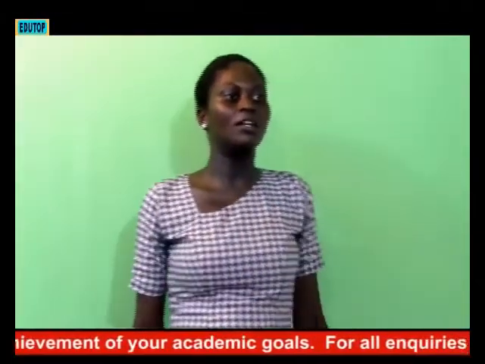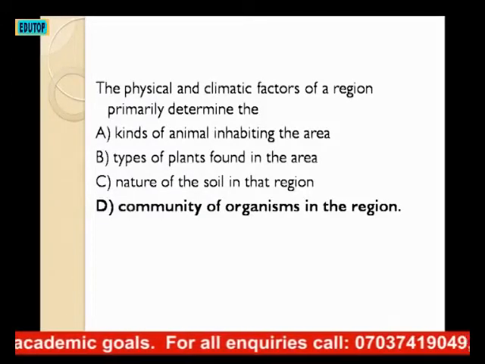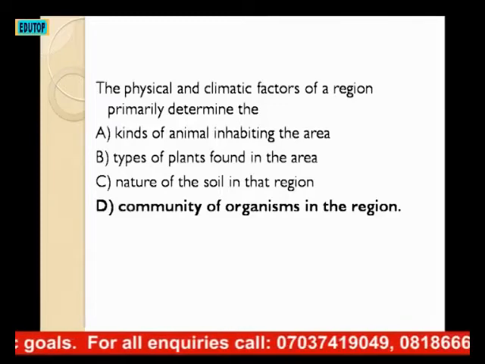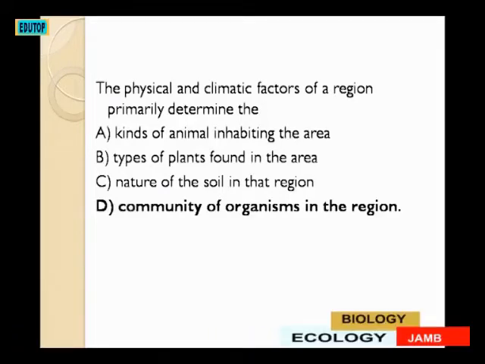The next question: the physical and climatic factors of a region primarily determine A. the kinds of animals inhabiting the area, B. the types of plants found in the area, C. the nature of the soil in that region, D. the community of organisms in the region.